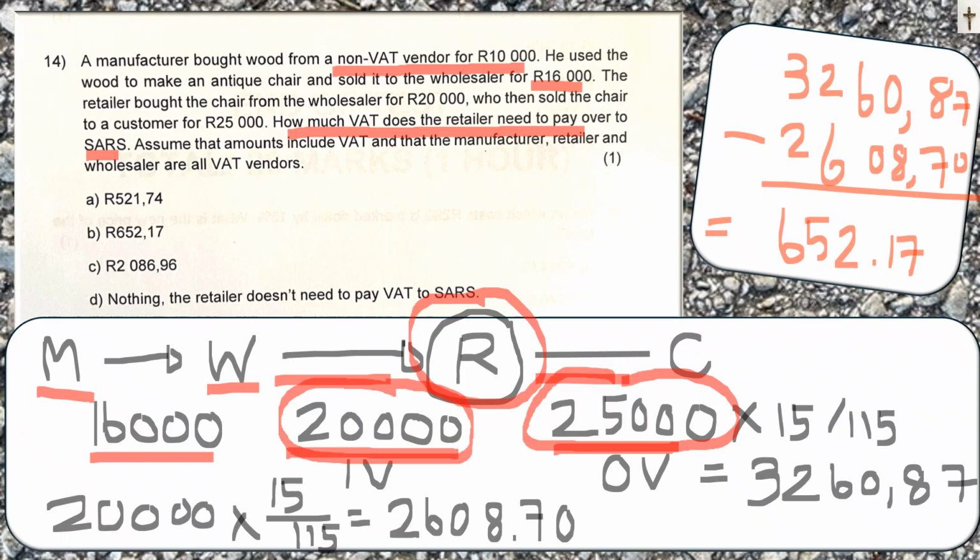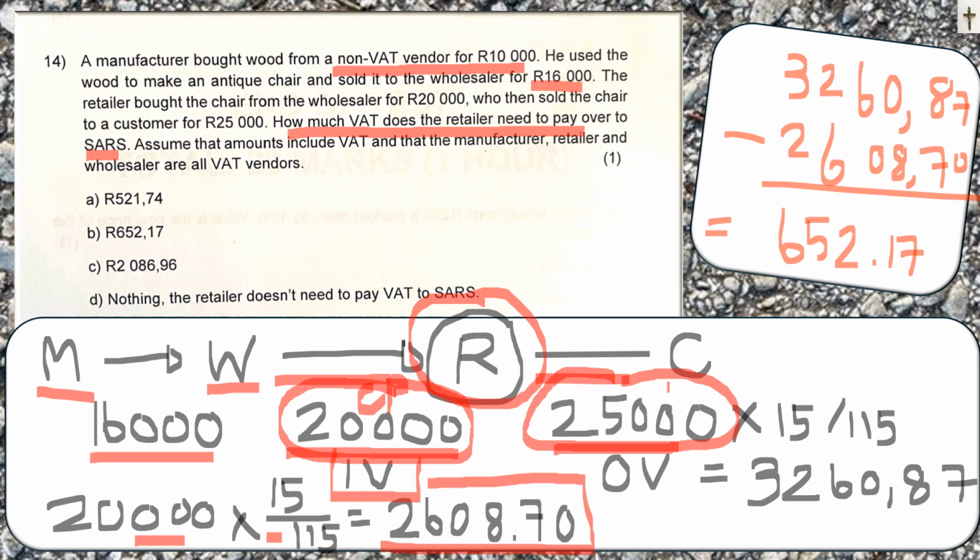Now the retailer, the cost price of the stock that was sold is 20,000. They said all these amounts here include VAT. So we must calculate input VAT. So we say 20,000 times 15 over 115 is 2608.70. Then they charge the customer output VAT.